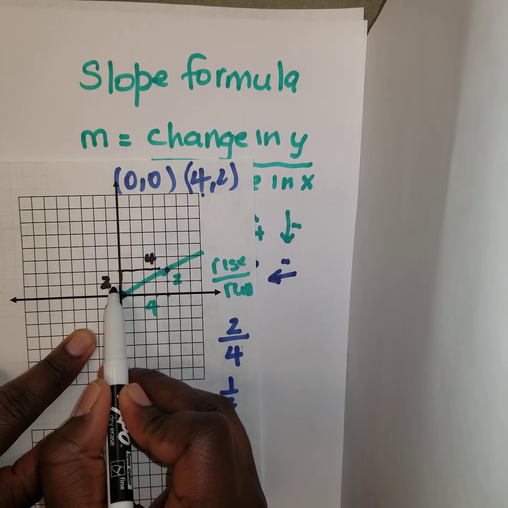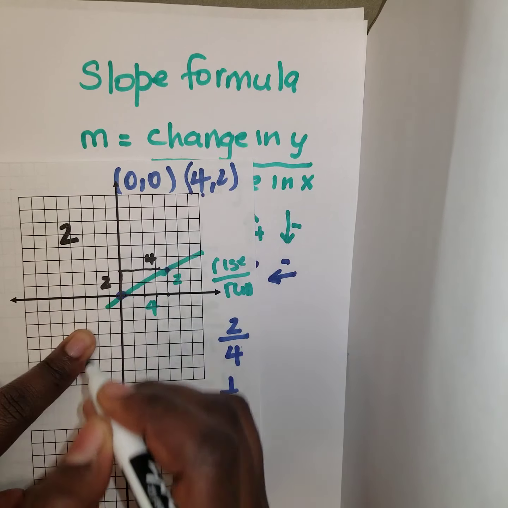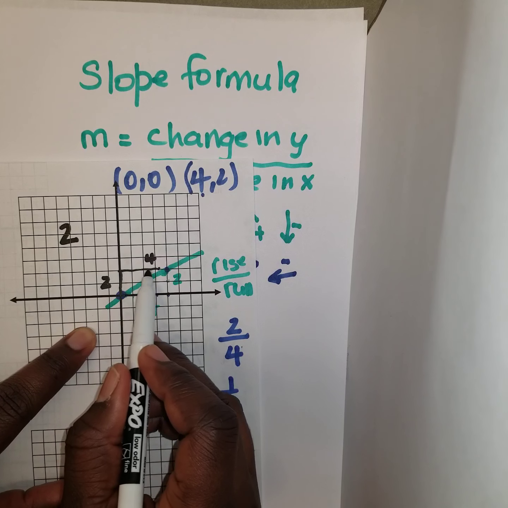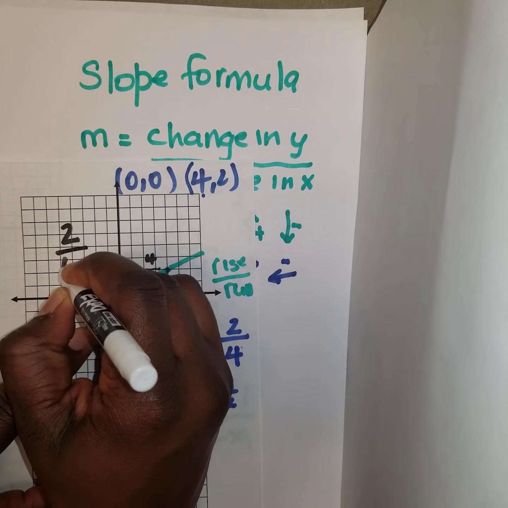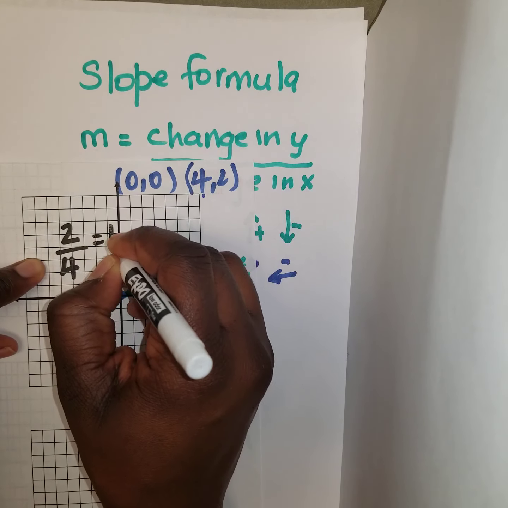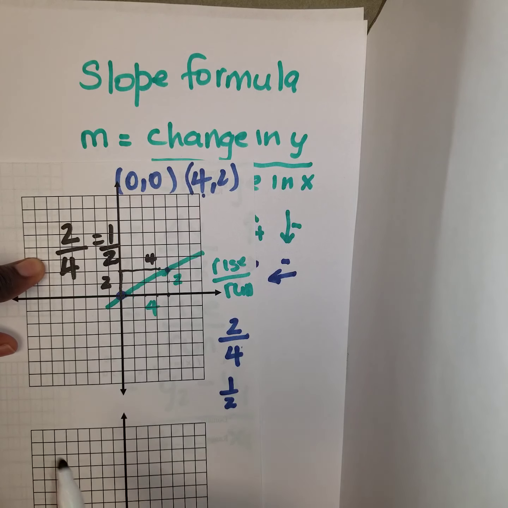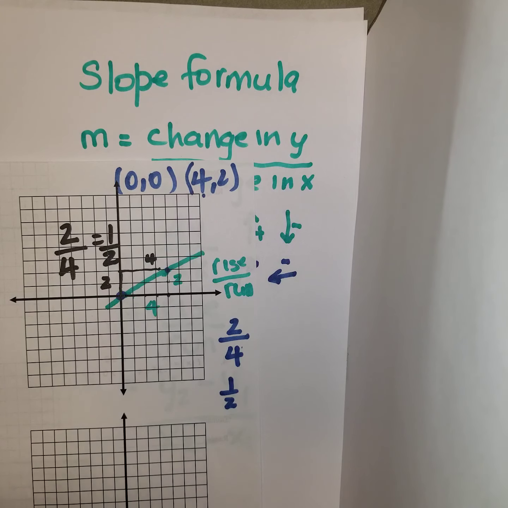Rise. This rise here is 2. I'm going to put it right up here. And the run, which is the horizontal line, is 4. Again, if you reduce this, you get a half. So it doesn't matter where you draw your triangle, above or below the line, the result should be the same.